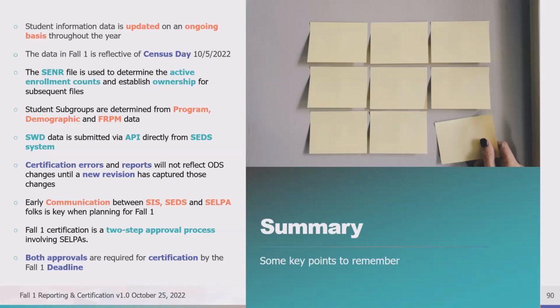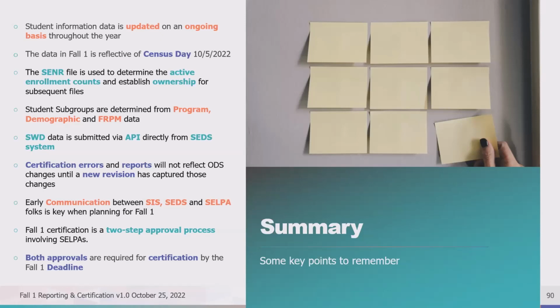Certification errors and reports will not reflect ODS changes until a new revision has captured them. So I've noticed in end of year, sometimes, especially with CDDs, they're not going to be in sync with the revisions. Even with errors, you can see the date change in one revision process, but the data in CalPADS still does not correspond with what you're seeing in the revision, because possibly you have another one coming down the pipe.